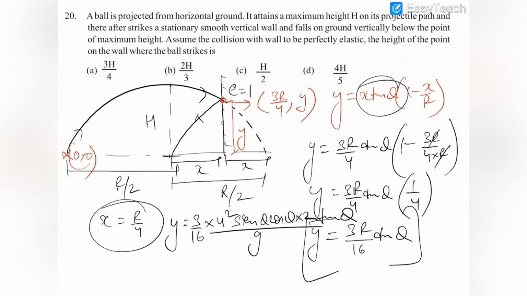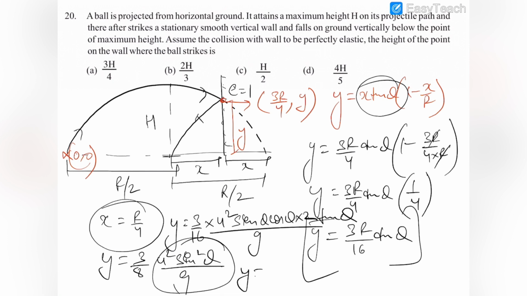So you can see that cos theta would be cancelled out and y will be 3 by 8 times u square sine square theta by g, and we know that this is equal to 2h. So y will be equal to 3 by 4 of h. So the correct option will be option number A.